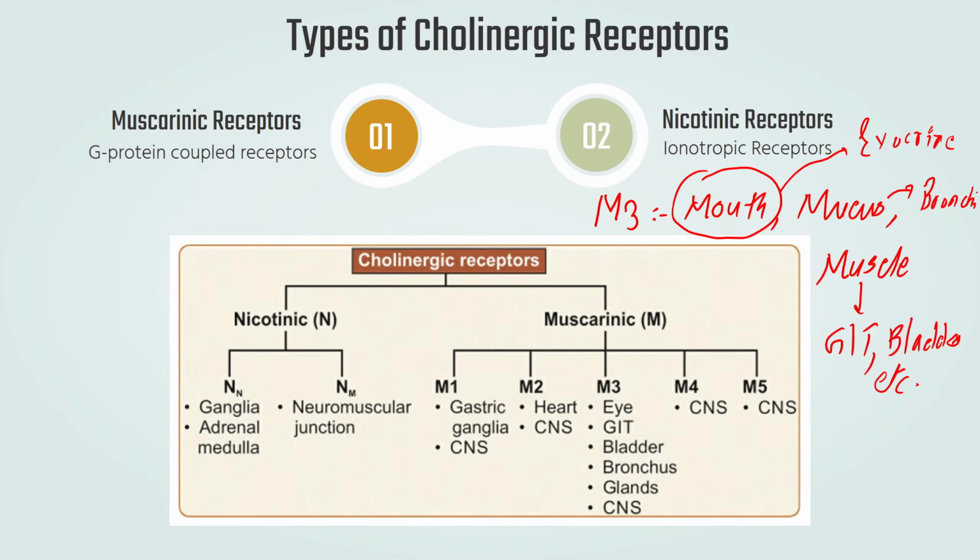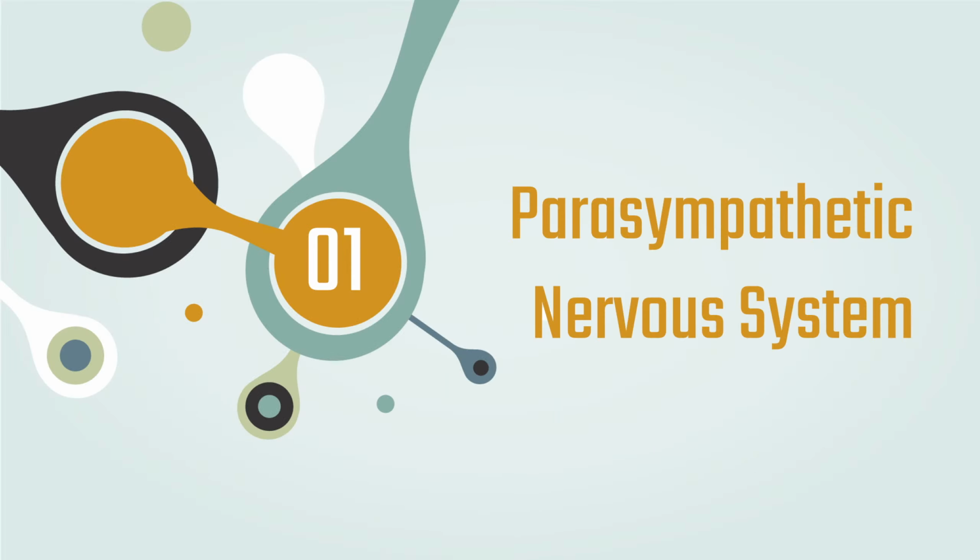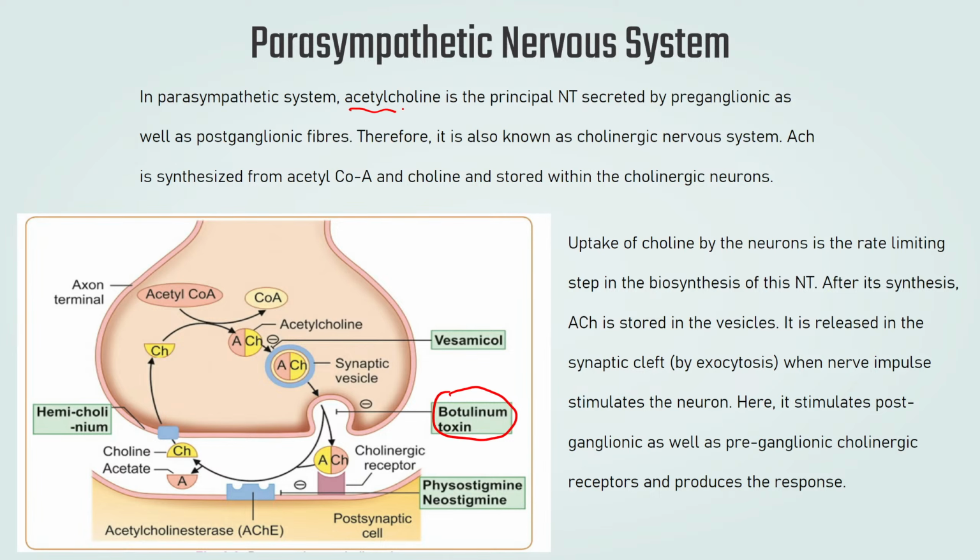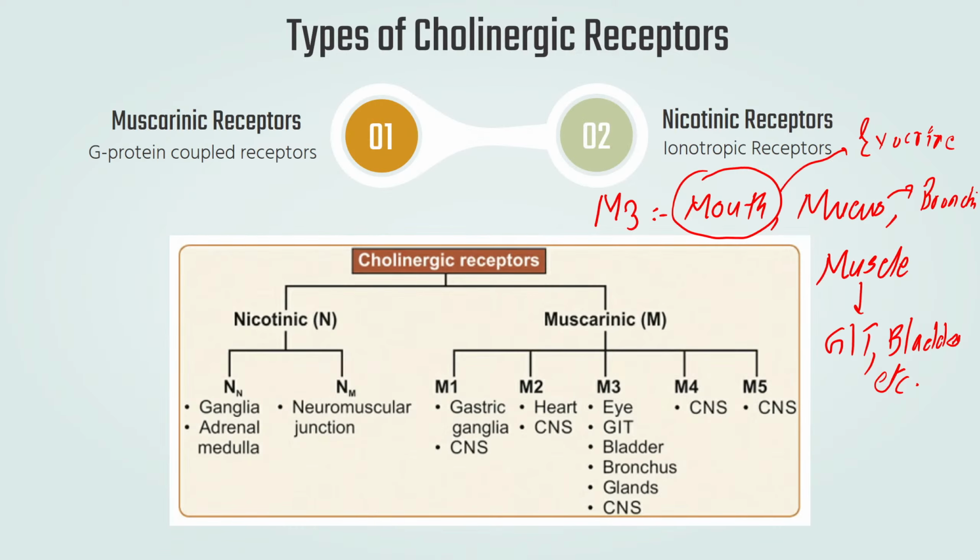Okay, so this is the conclusion of the parasympathetic nervous system. We saw the introduction, then the types of the cholinergic receptors, muscarinic and nicotinic, and how to remember them.